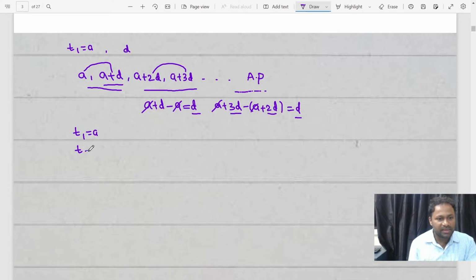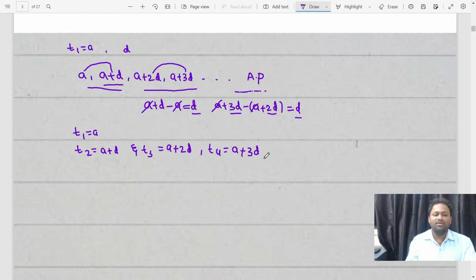T2 is equal to A plus D. Okay, and the third term T3 is equal to A plus 2D. The fourth term T4 is equal to A plus 3D.